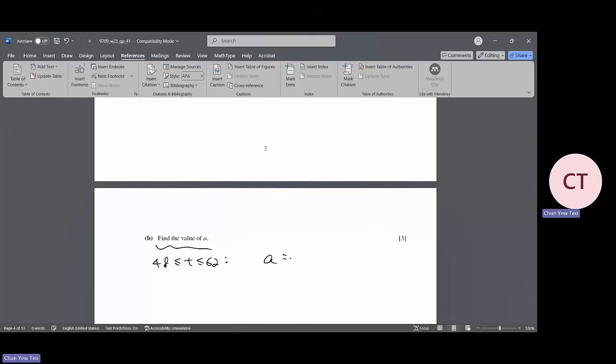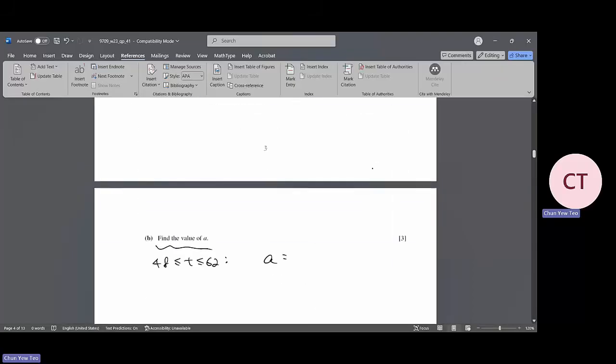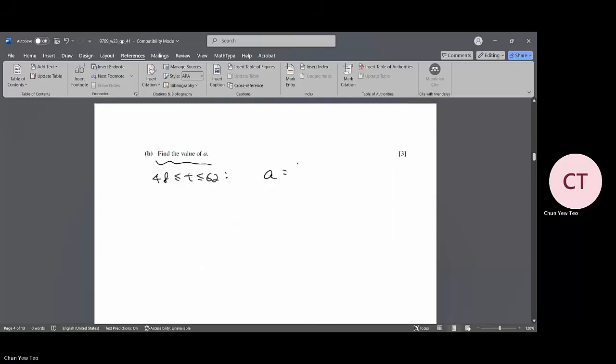The formula for gradient is Y2 minus Y1 over X2 minus X1. So V minus 12.6 divided by 62 minus 48.